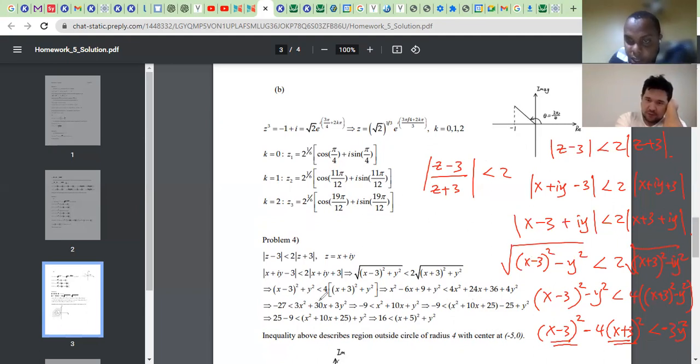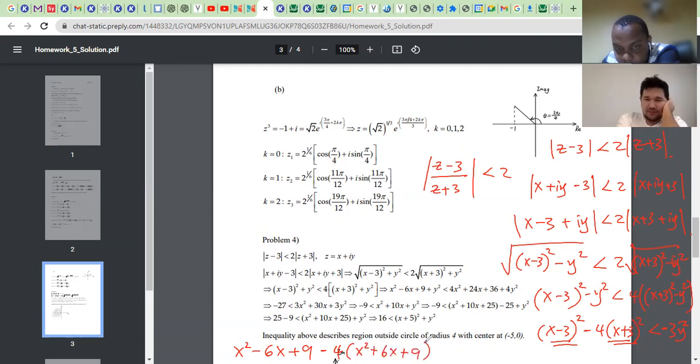It's X squared minus 6X plus 9 minus 4 times X squared plus 6X plus 9, which we could simplify.